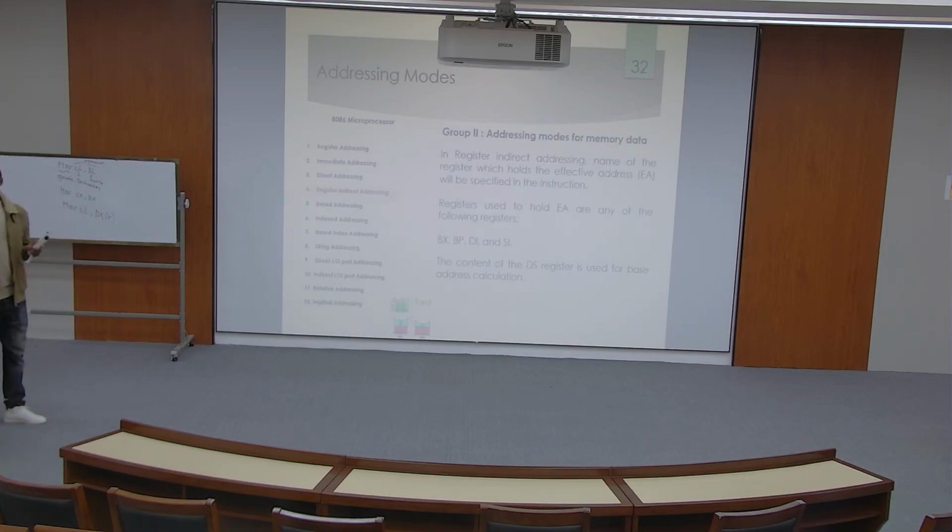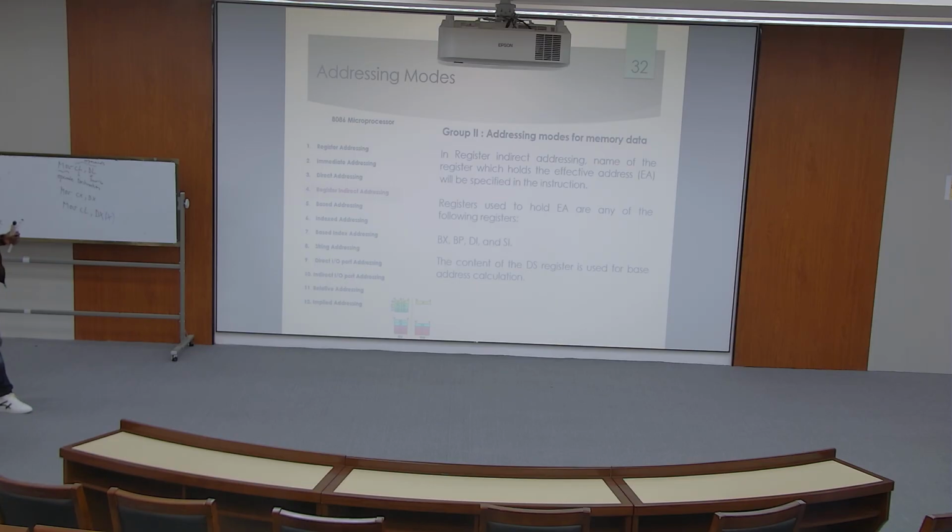Now we have group number 2 of the addressing modes, which we are going to see. The next is register indirect addressing. The names of registers which hold the effective address have to be specified in the instruction.